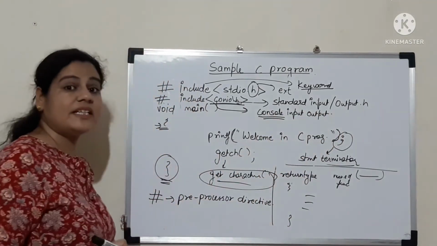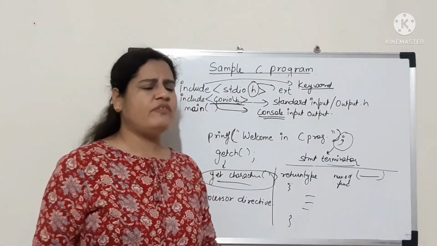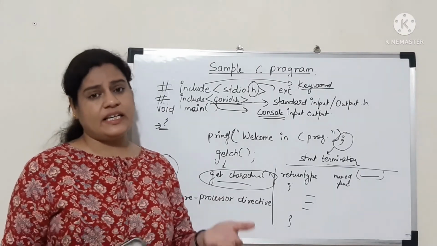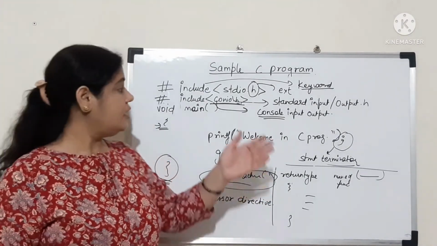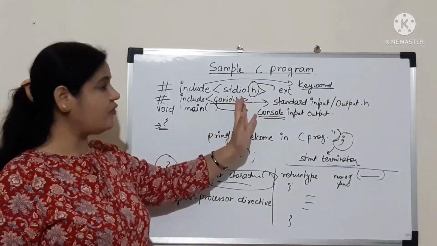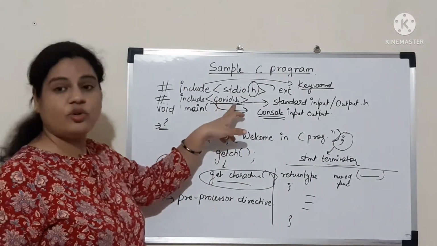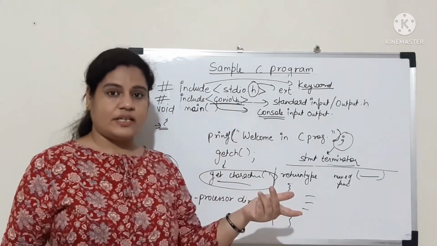Console is basically the output screen, command prompt, or in Windows we can say CMD. In Linux, Unix, Ubuntu we normally say the terminal. If you want to use any function which is related to the console, you need to include the header file conio.h. Getch is a function which is in conio.h.